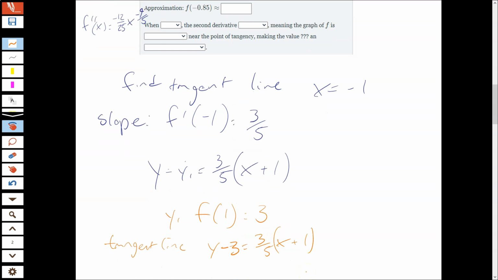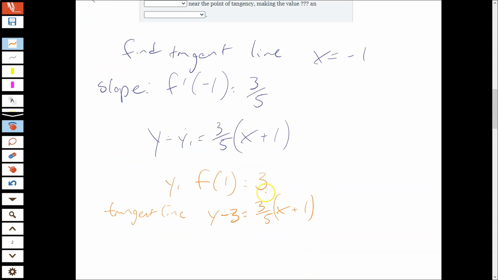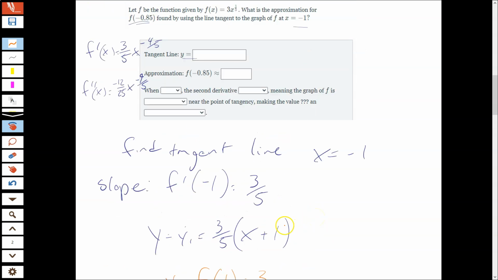And then Delta Math wants y isolated. Notice it says y equals. So I'm going to rewrite it that way. I'm going to say y equals 3/5 times x plus 1, minus 3. You can rewrite it all the way to slope-intercept form, but you don't need to, I don't think. So there's my tangent line at x equals -1.